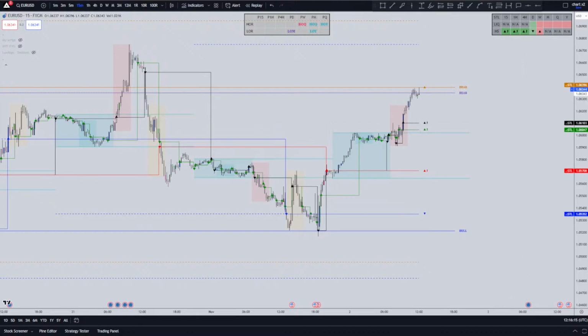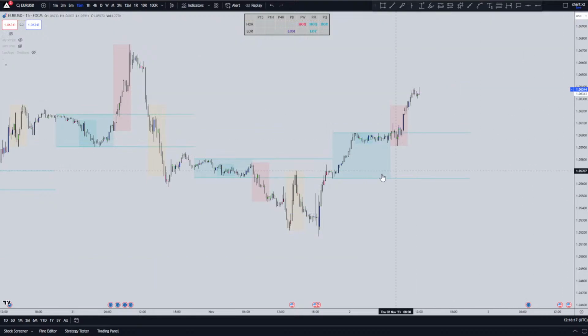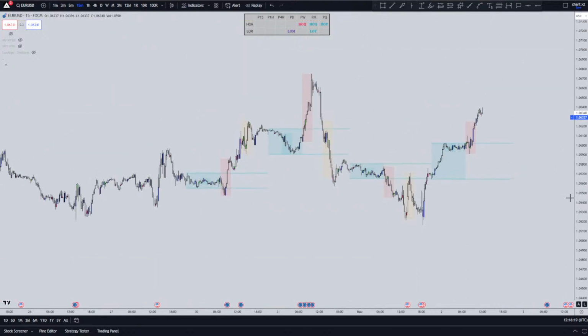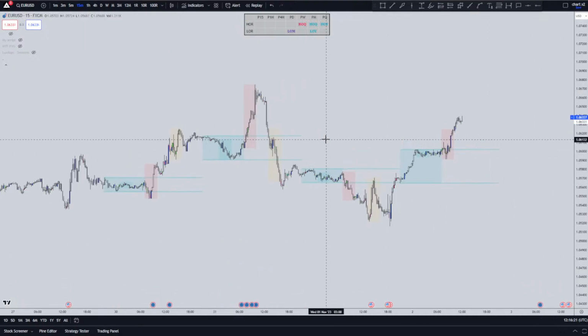In the meantime, because of the daylight saving time, we had some issues with a few tools, a few indicators.